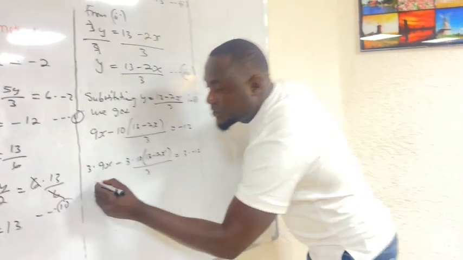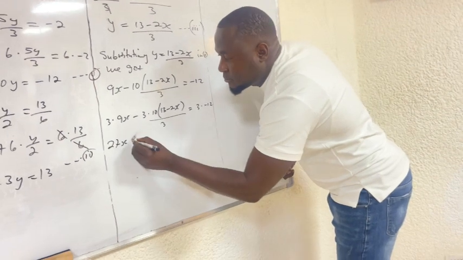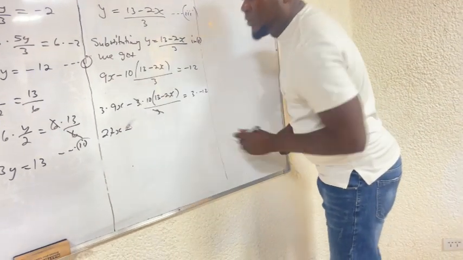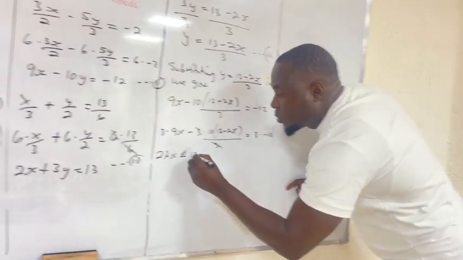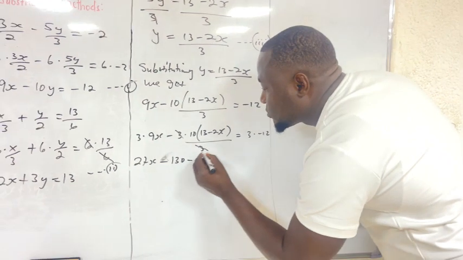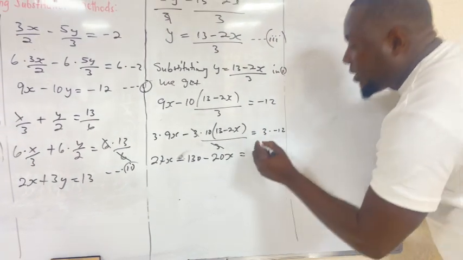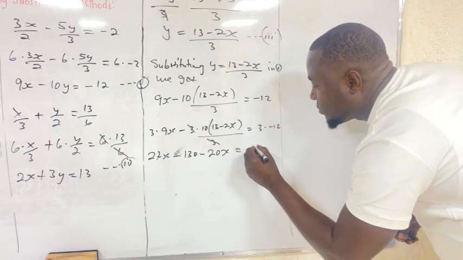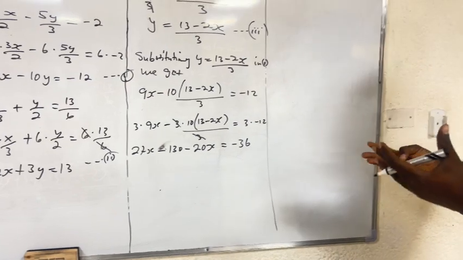So 3 times 9 is going to give us 27x, minus this 3 we cancel. You remember this 10 times 13 is going to give us 130, minus 10 times 2 is going to give us 20x, is equal to 3 times 12 is going to give us negative 36.